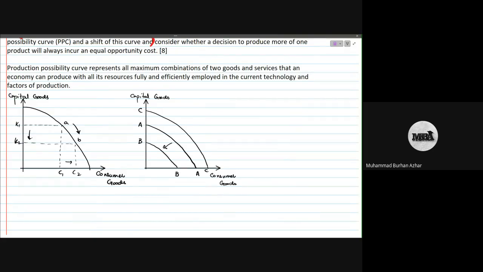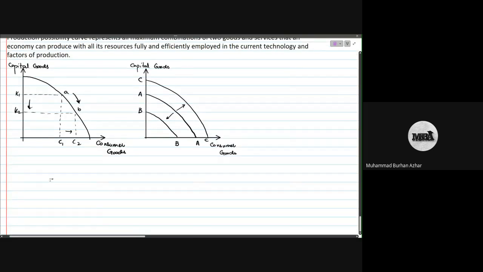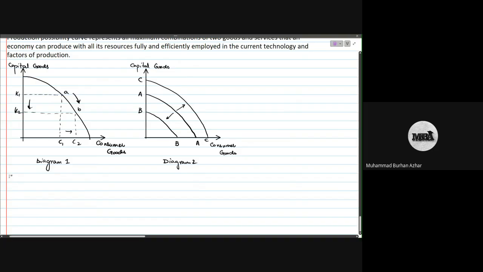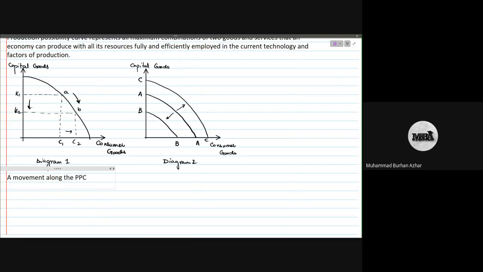Now we just need to explain them in one short paragraph and explain what they essentially represent, right? So let's write down the explanation. So सबसे पहले let's call the left panel diagram 1 and the right panel diagram 2, right? So now we'll write an explanation. So we'll say a movement along the PPC occurs when resources are reallocated between different goods.